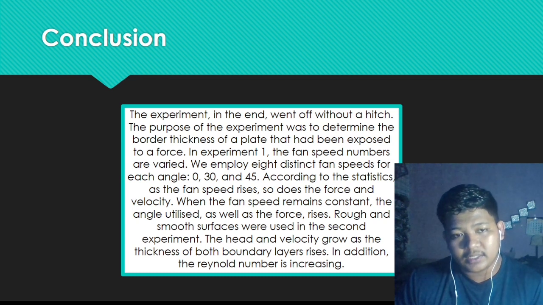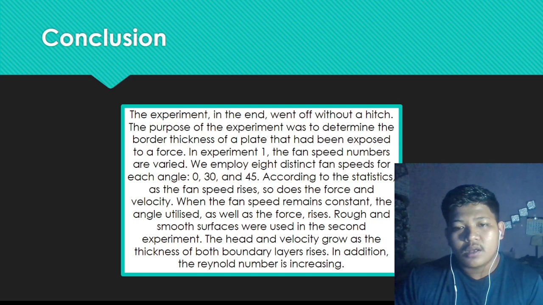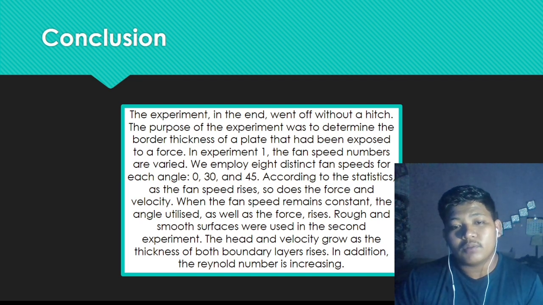According to the statistics, as the fan speed rises, so do the force and velocity. When the fan speed remains constant and the angle rises, the force rises as well. Rough and smooth surfaces were used in the second experiment. The height and velocity grow as the thickness of both boundary layers rises. In addition, the Reynolds number is increasing. Thank you.